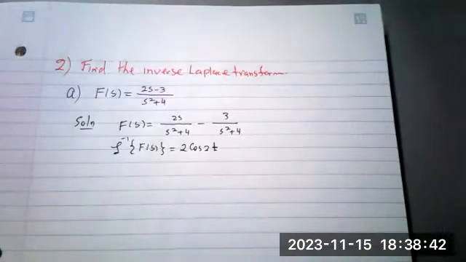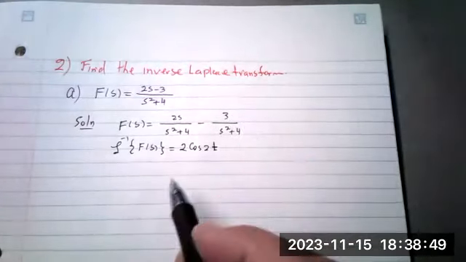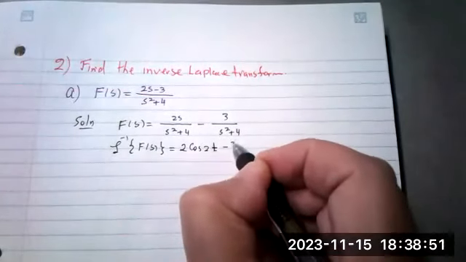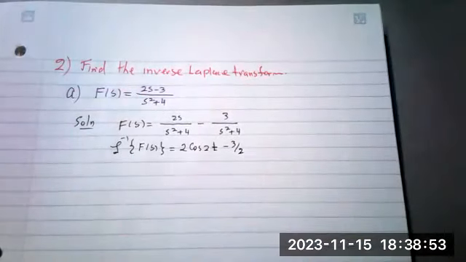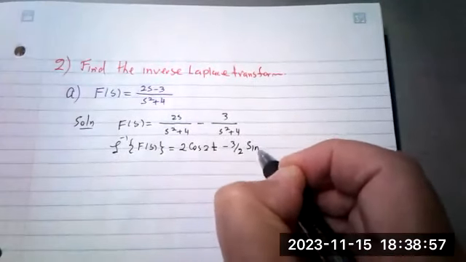The second one is a constant, so you are going to do it by the sine. That's s squared plus 4, you need a 2 on the top, so we divide the outside by 2. So the leftover is simply sine of 2t.